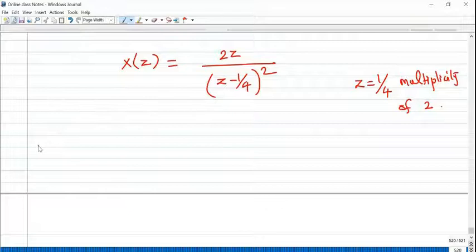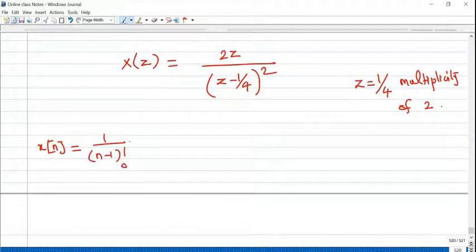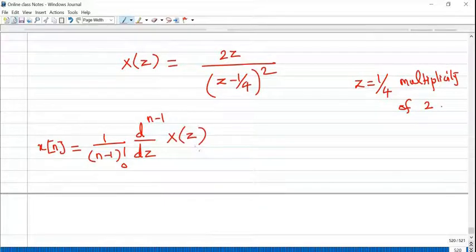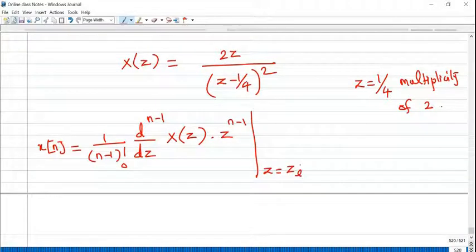Now the formula: x of n equals 1 divided by (n minus 1) factorial, d power n minus 1 divided by dz power n minus 1, of (z minus a) power n times x of z power n minus 1, at z equal to a, summation of residues. Previously we simply put x of z.